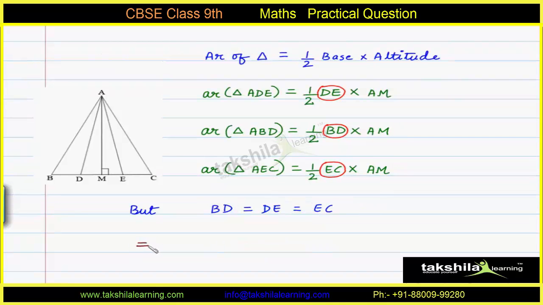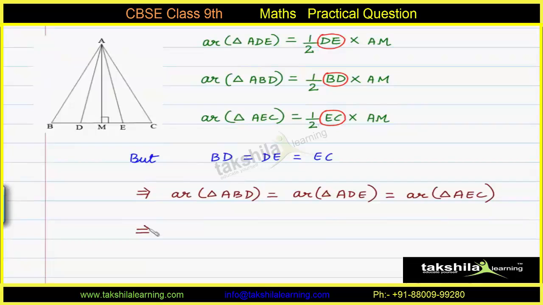So this implies that area of triangle ABD is equal to area of triangle ADE is equal to area of triangle AEC.